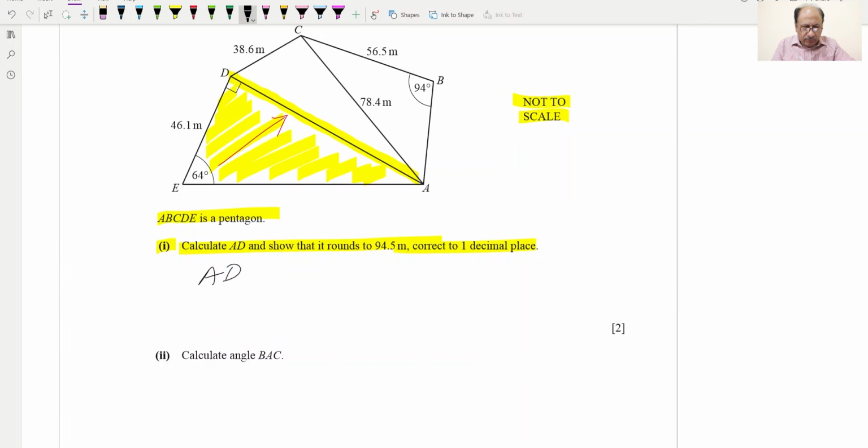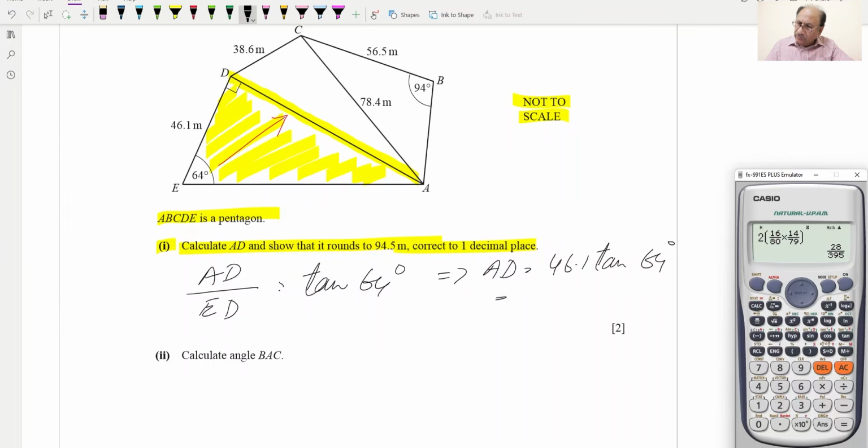AD over ED is equal to tan of 64 degrees, and this implies AD is equal to 46.1 tan of 64 degrees.